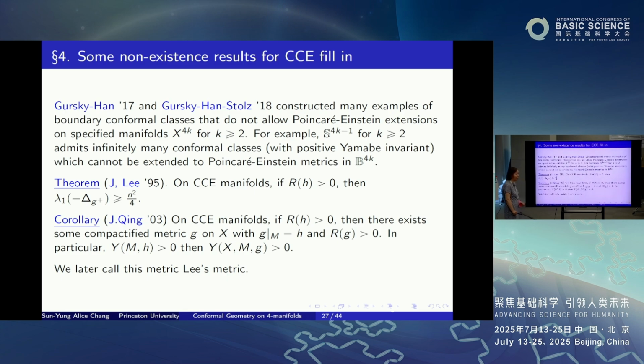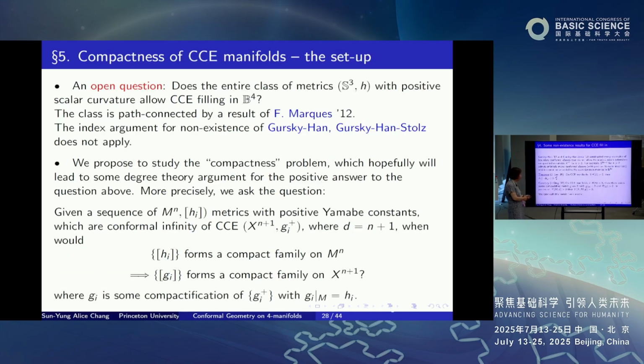This specific construction is called the Jack Lee construction. So if the Yamabe constant on the boundary is positive, then it is positive on the interior. This Yamabe constant is a volume normalization Y. Later on, I will mention another Y. Okay, we call this the Jack Lee metric.